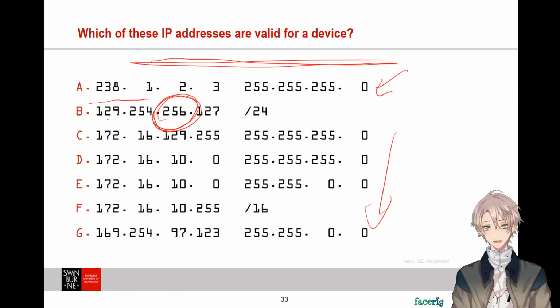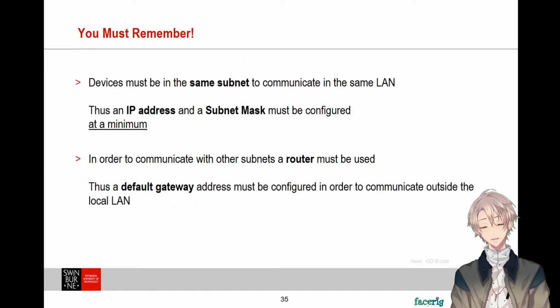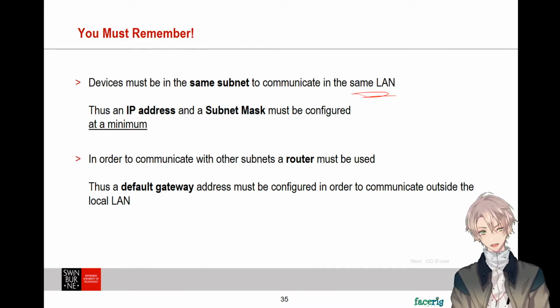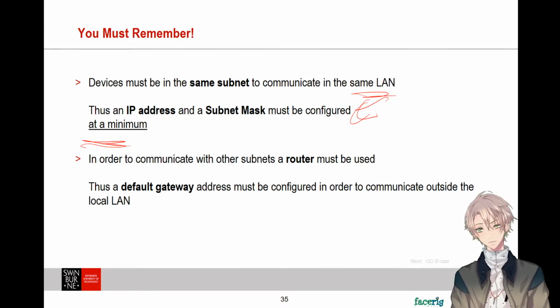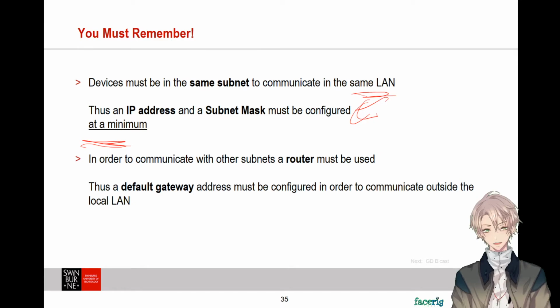I'll think about that. So this is something that we always try to remind our students again and again. Devices must be in the same subnet to communicate in the same LAN. So the IP address and the subnet mask must be configured at a minimum. To communicate with another subnet, a router must be used.